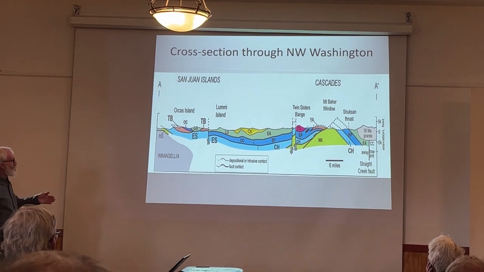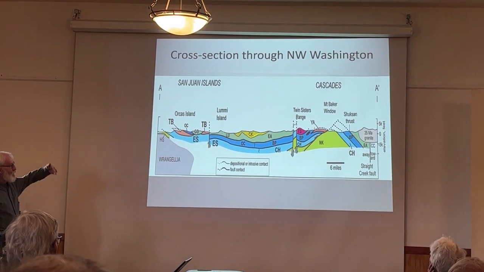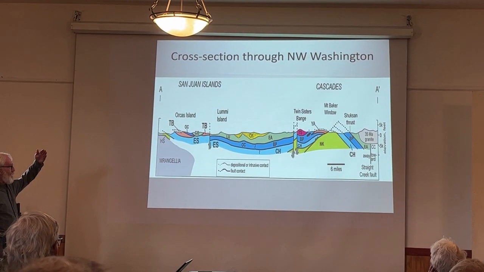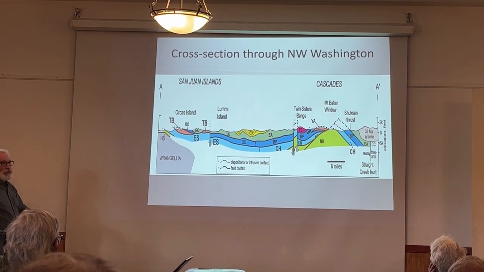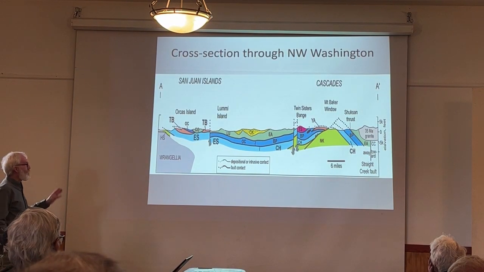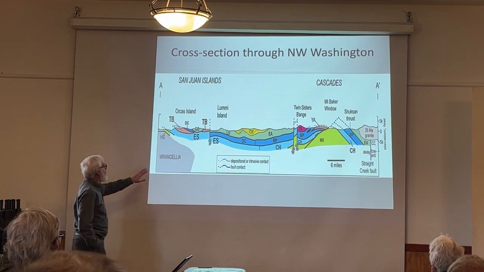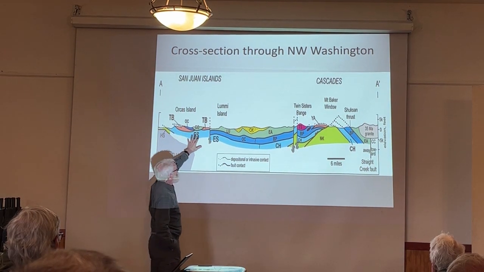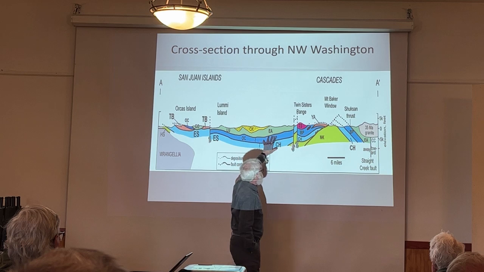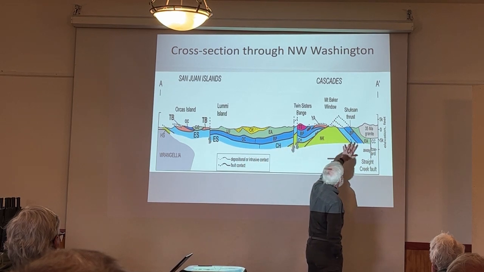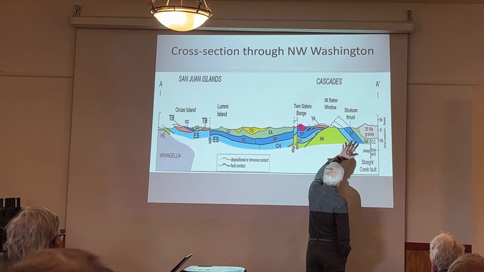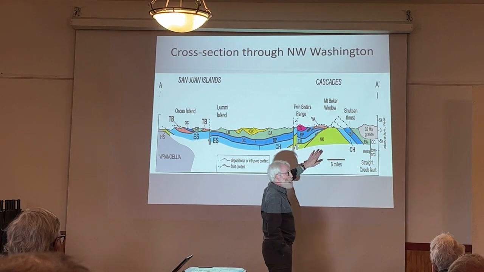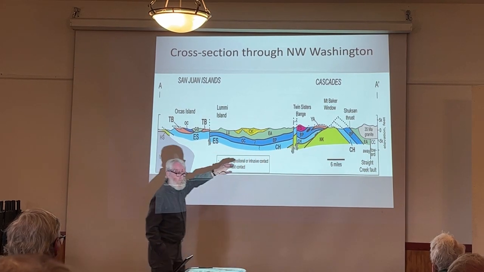This just takes basically what we were seeing in a bird's-eye view and envisions a slice through the crust. Okay? What I want you to see here is that these are San Juan Islands, and now we're up into Mount Baker and the North Cascades up here. They're all the same terrane.